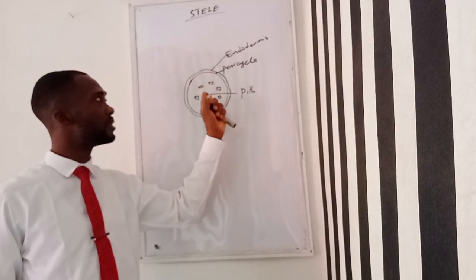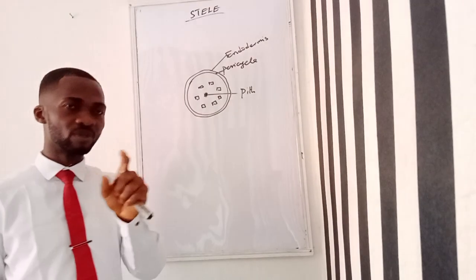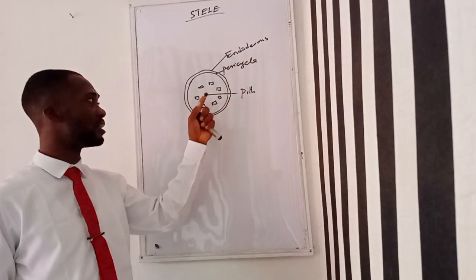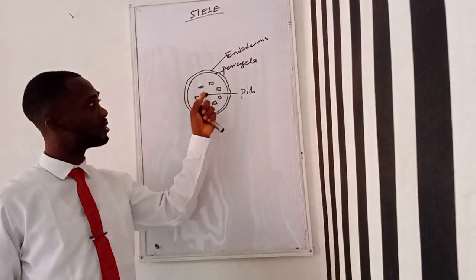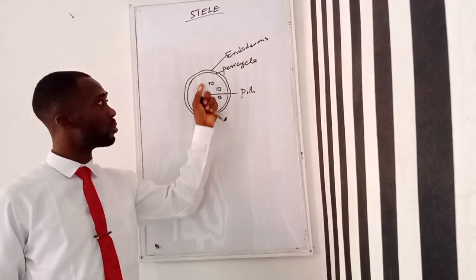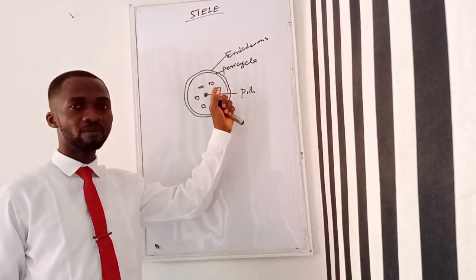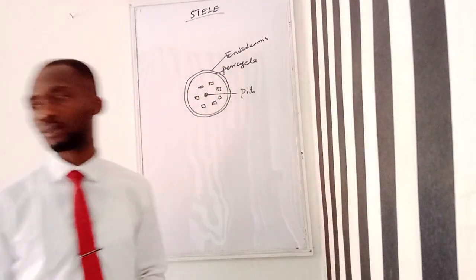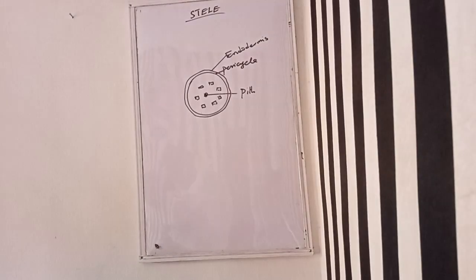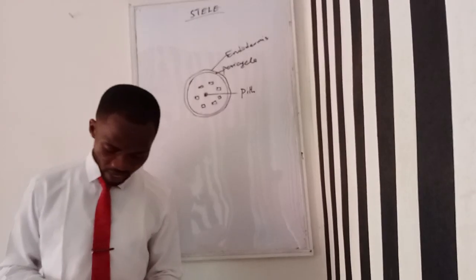Let me put it so that I won't confuse you: from the central column, which is the pith, through the other associated tissues, majorly the vascular tissues, the phloem and the xylem, down to the pericycle is what is called a stele. So in this definition, the vascular tissue together with the associated tissues that make up the central column of the root, stem, and leaf are components of the stele.